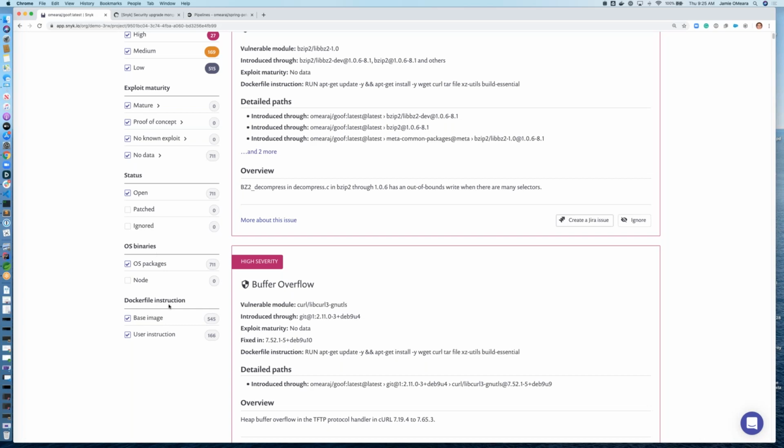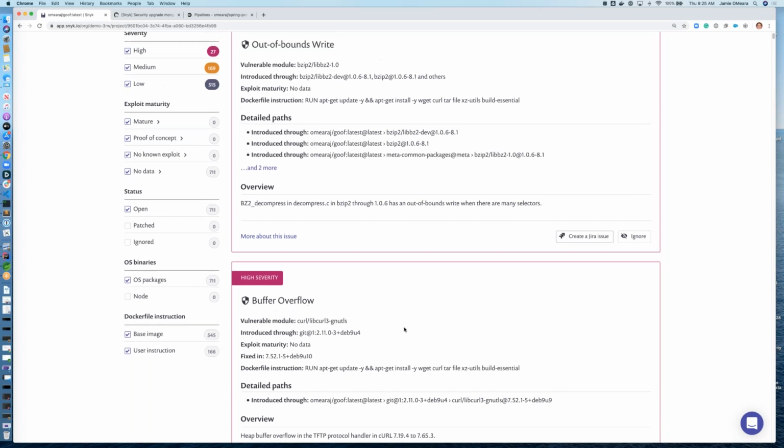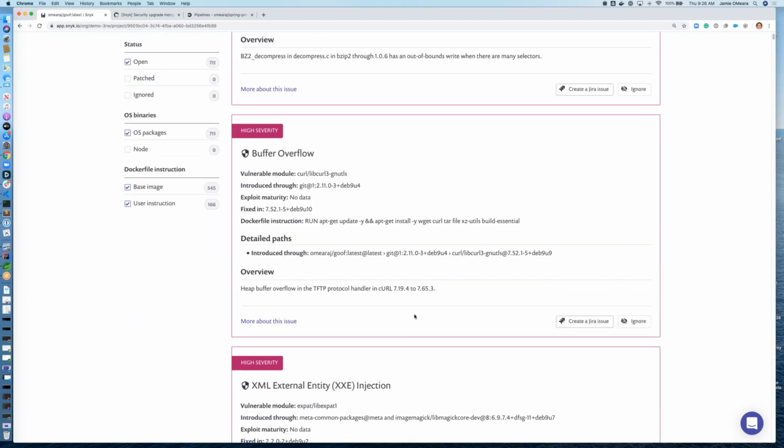Where this is pretty interesting from a developer's perspective is they can see how many of the vulnerabilities came in from the base image, so the one I chose to start from, and how many did I introduce as a developer. So in this case, I introduced up to 166 of the vulnerabilities mentioned above out of the 711. And so when I start to look at this, I can say, oh, all right, as a developer, what did I do?